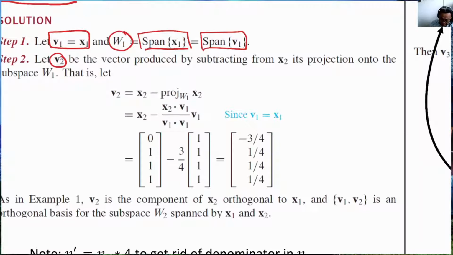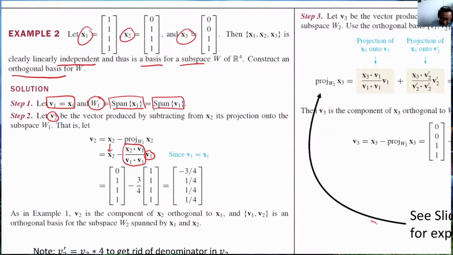If you are back, then we have x2 here. What is this? This is a constant multiplying a vector v1. So let's see, where is v1? So this is v1. Sorry, this is x2.